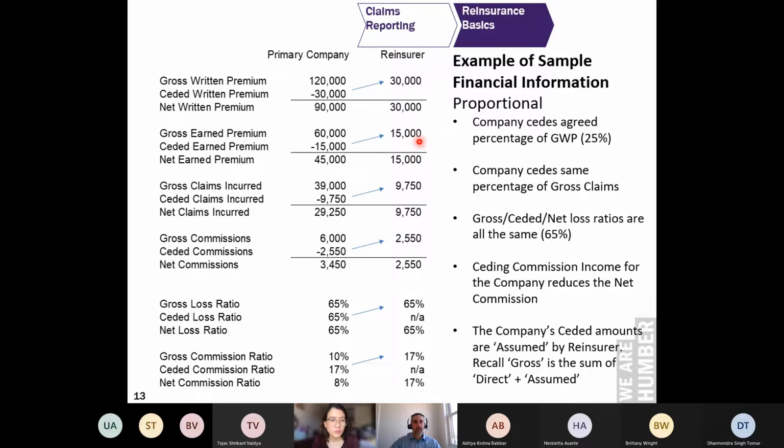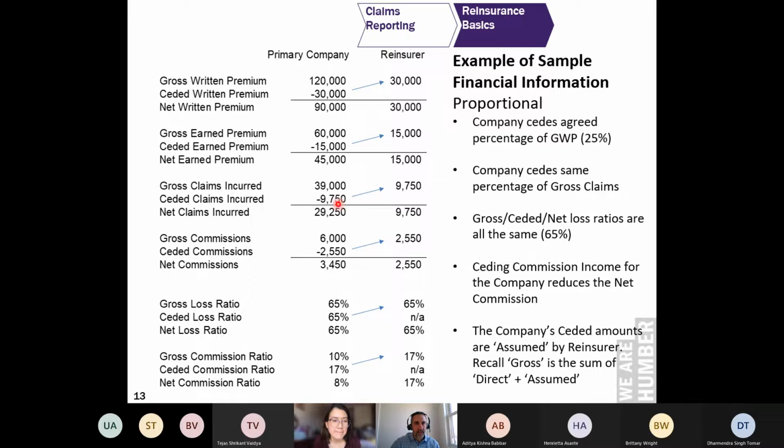So the idea of UPR and earning the premium over time works the same in this proportional scenario for the insurance company and the reinsurer. This is assumed earned premium. This is assumed claims. And here's their assumed commission.